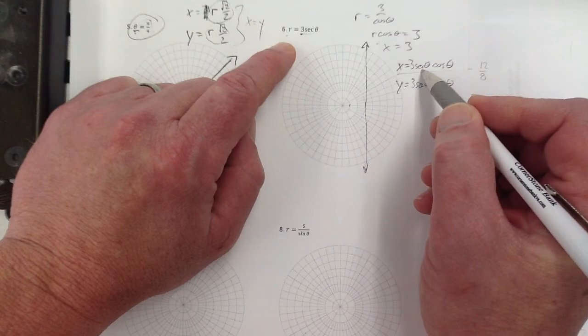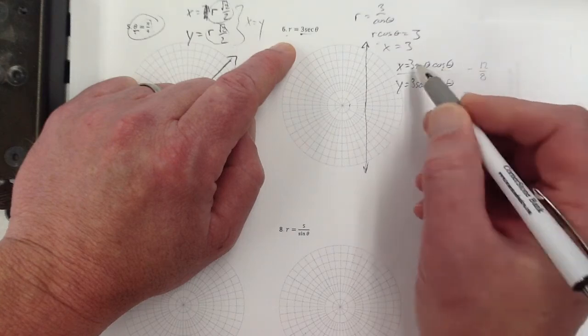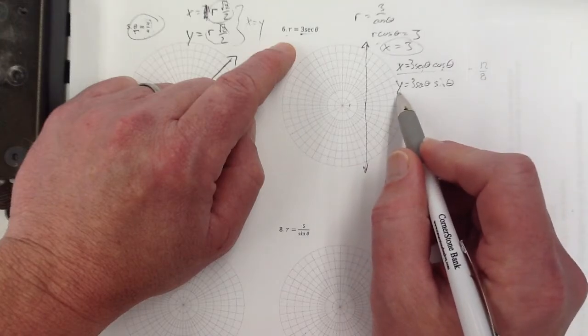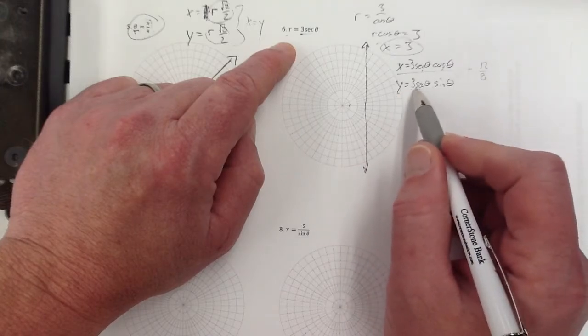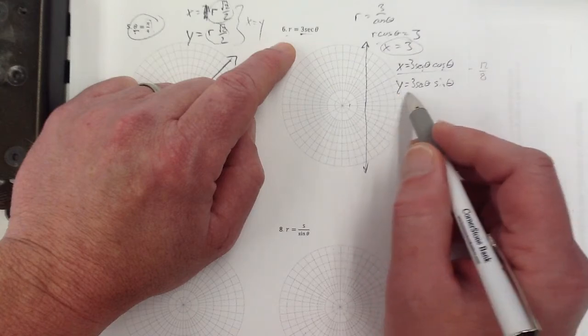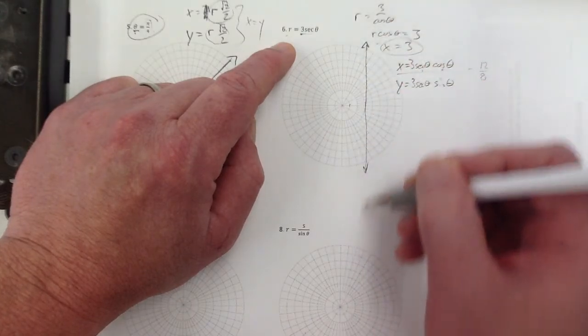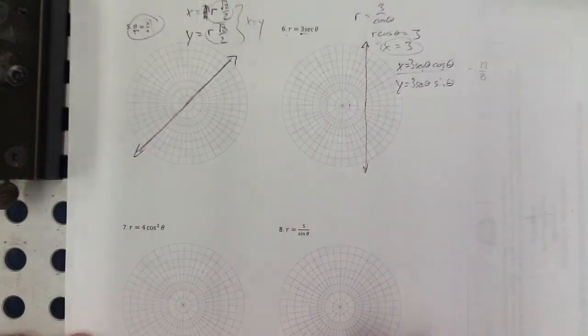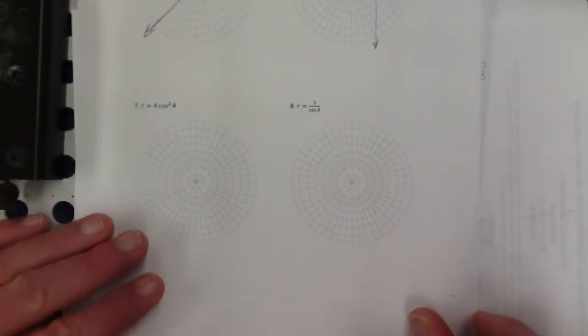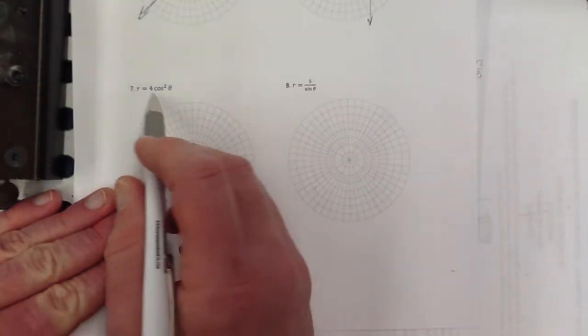That's 1 over cosine, and this is cosine, so that just turns into x equals 3. And then the y is equal to 3 times the tangent of theta, and of course that just ends up giving us any y value that we want, while x is always 3. All right, catch up to myself here.